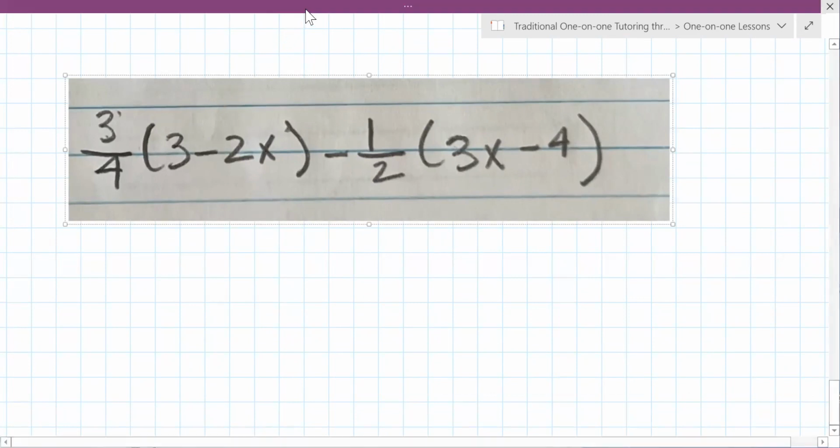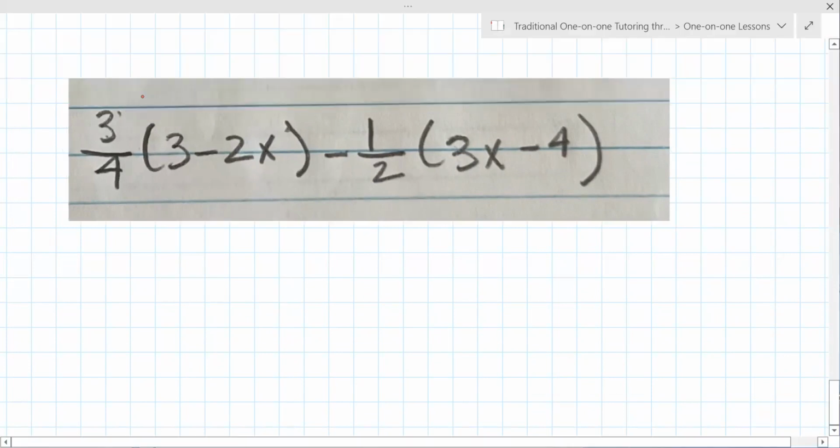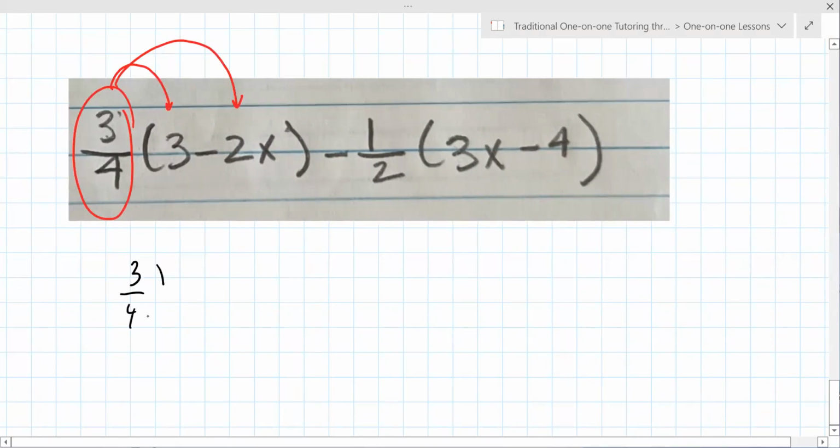Okay, so we finally got some fractions, just to add another little wrinkle. Now we're multiplying fractions, but it's the same approach. You take that fraction and you multiply both terms inside parentheses, just like before. So it's 3/4 times 3, plus 3/4 times -2x.